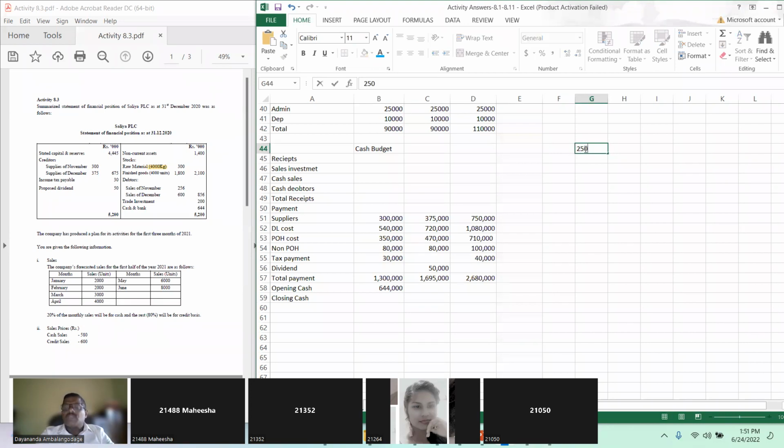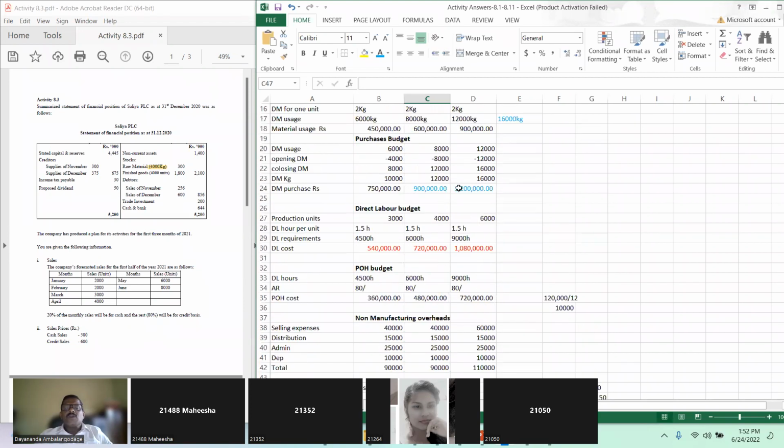We are selling it for 250 and you get book balance carrying amount 200. So thereby there is a profit of 50 and we are getting an income of 250,000.